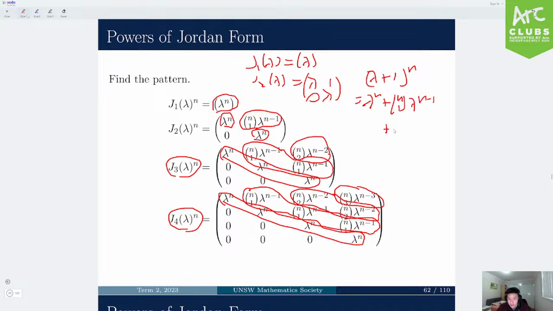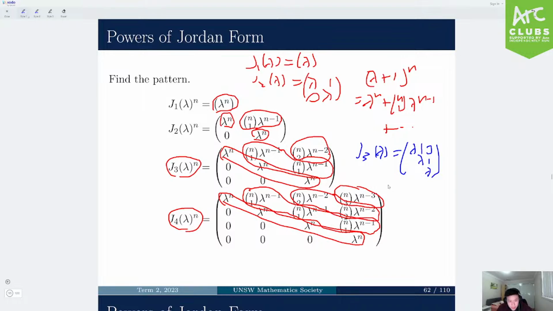Okay, and the quick proof for this is that, let's consider the 3 by 3 case where we have J3 of lambda. Let's use blue. Now let's consider the case where we have J3 of lambda, that's going to equal lambda, lambda, lambda along the diagonal, 1, 1, and 0 above there.